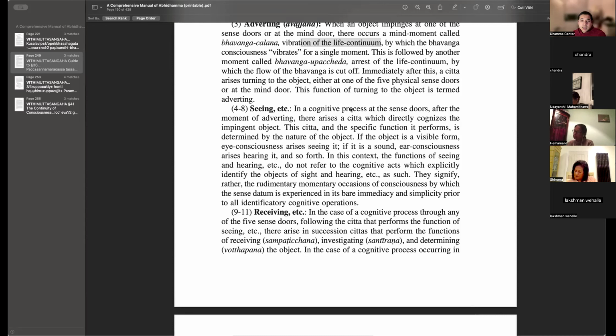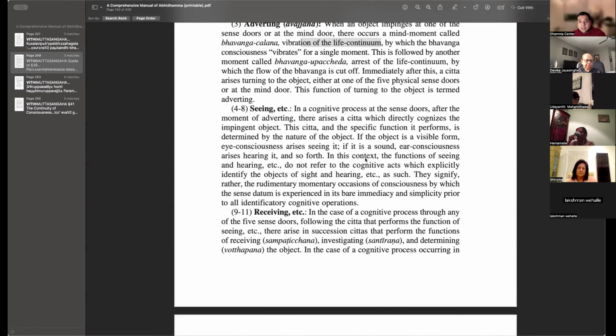In a cognitive process at the sense doors, after the moment of adverting, there arises a chitta which directly cognizes the impinging object. The specific function this chitta performs is determined by the nature of the object. If the object is a visible form, eye consciousness arises seeing it. If it is a sound, ear consciousness arises hearing it, and so forth.